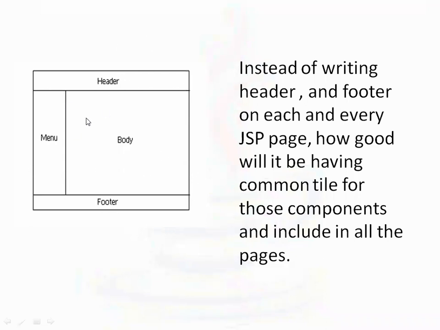Means it divides the page into components. If there are 20 screens in your application, we don't need to write the header part and include it in each page. You just define it in a filter, and that header.jsp will automatically be routed into all pages. If you configure a footer, it will do the same. Like that, we achieve it by using the tiles concept.